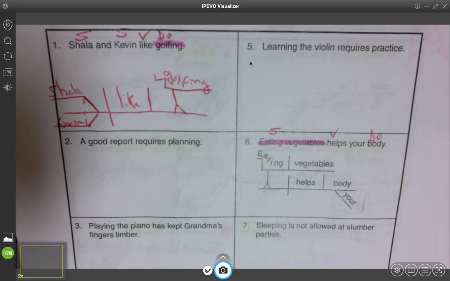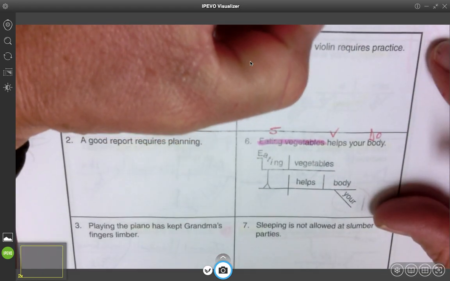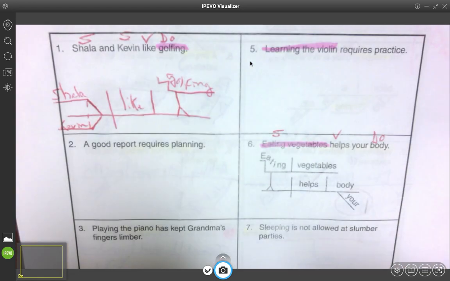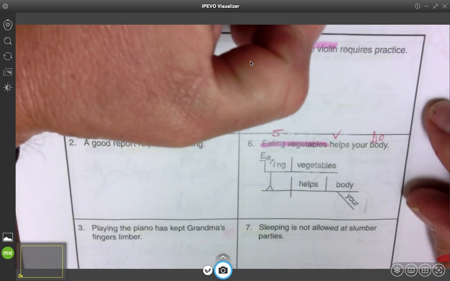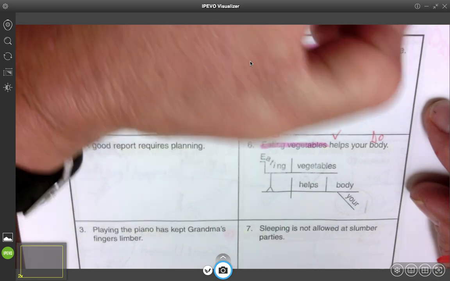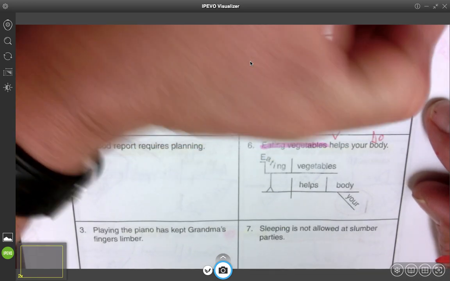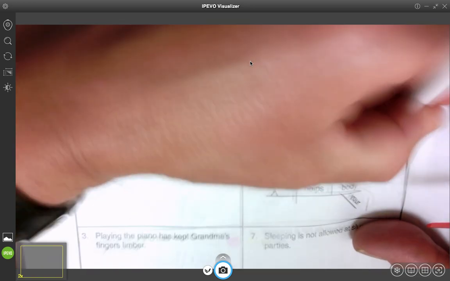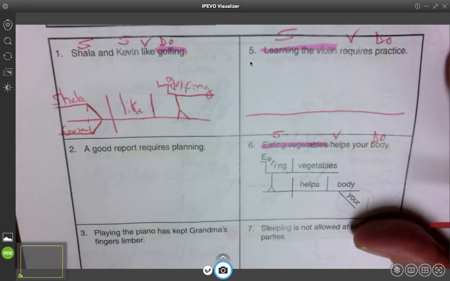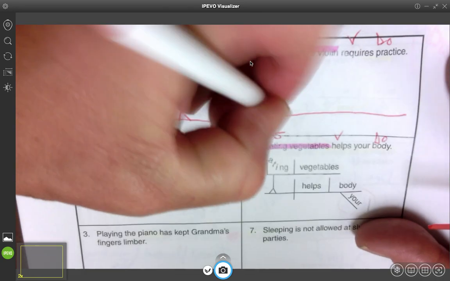Sentence number 5. Learning the violin, I'm identifying as being my gerund phrase, which is the subject of my sentence, requires practice. Again, in my square, I'm putting my line a little bit lower.